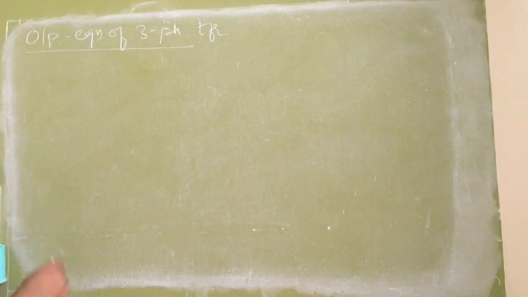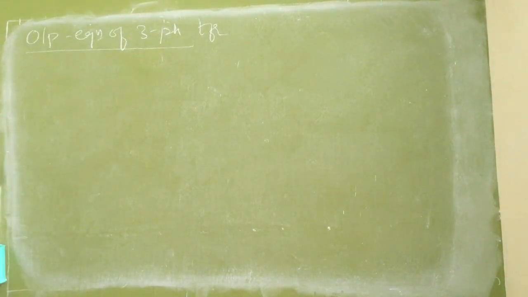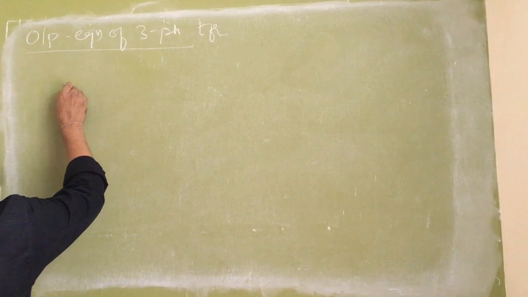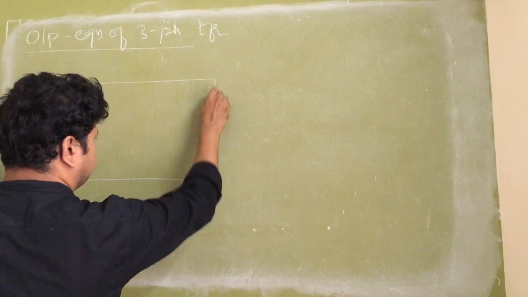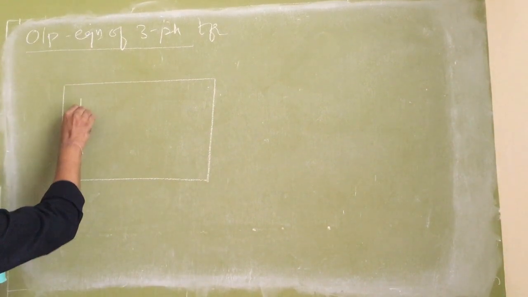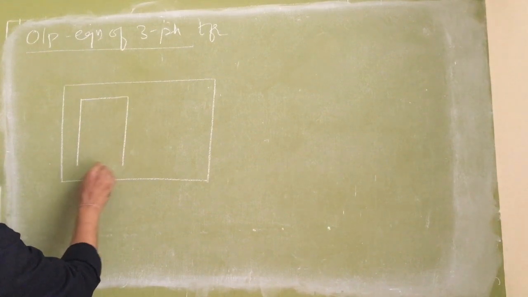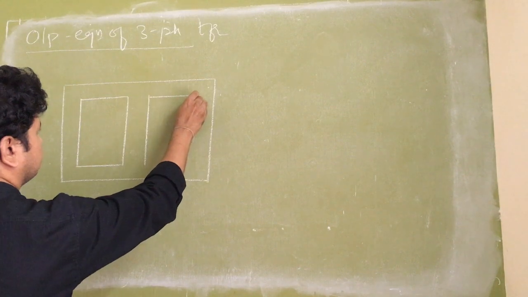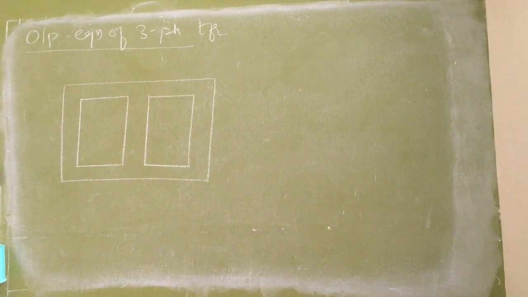So three phase core type transformer will be having three cores, three limbs upon which both primary and secondary are placed on the same limb. So this is the frame of three phase core type transformer.